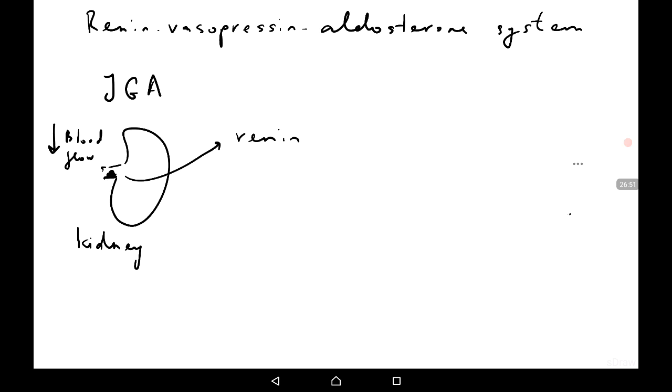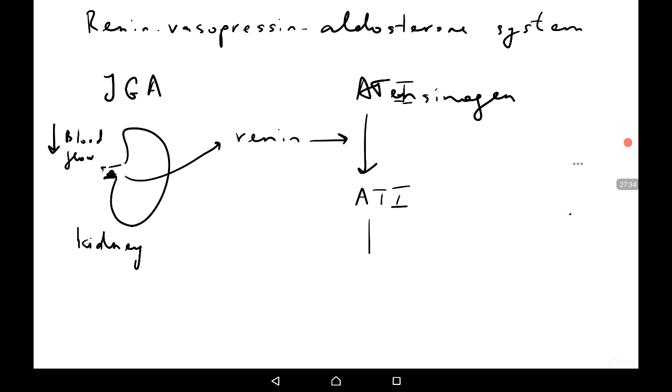It cleaves angiotensinogen, the precursor, into angiotensin 1, and then angiotensin 1 is converted by angiotensin converting enzyme, ACE, into angiotensin 2.